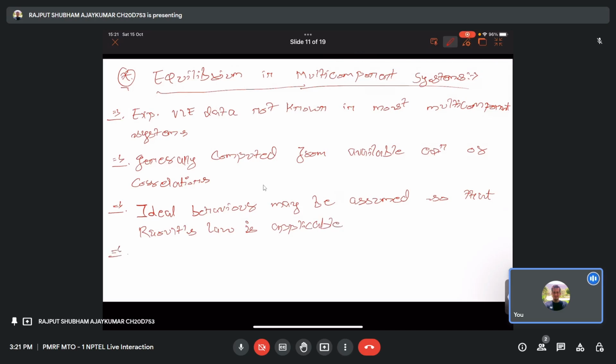The last one is the hydrocarbons of a homologous series, which form nearly ideal solutions. So these are some of the concepts and examples in which multi-component distillation can be used.